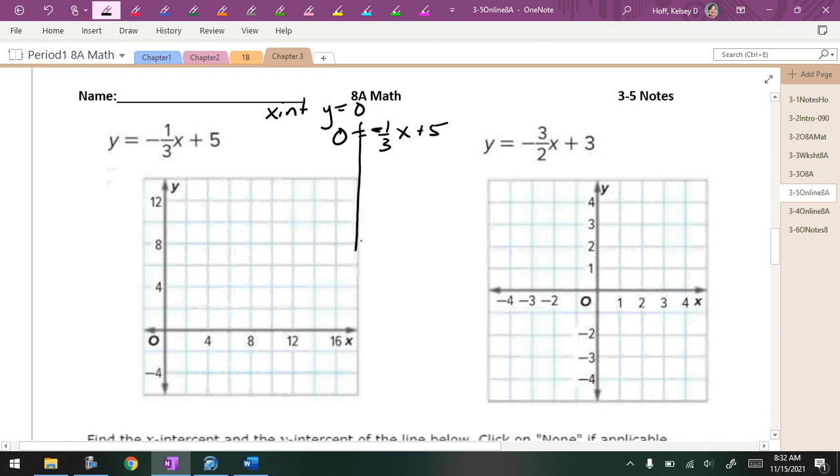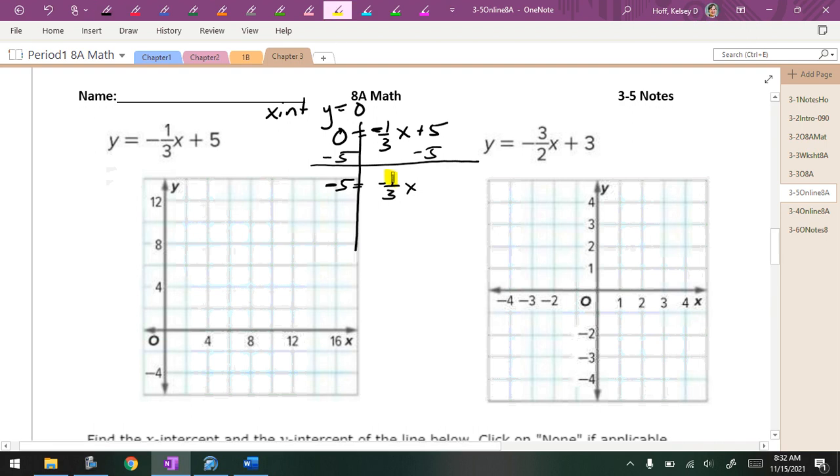This is where I have to solve this. If I cover up negative 1/3 x, what do I need to get rid of? 5. How do I get rid of that, Sam? Very good. I subtract 5 from both sides. Negative 5 equals negative 1/3 x. Now what do I do? Careful.